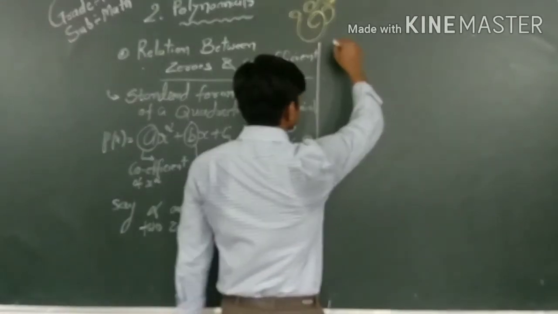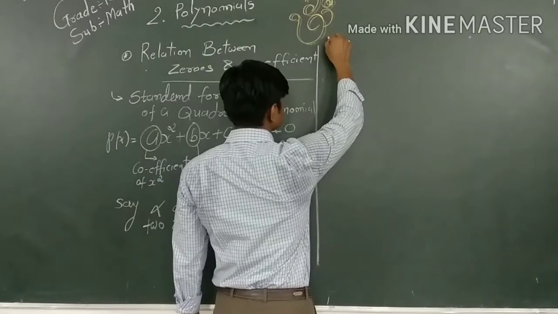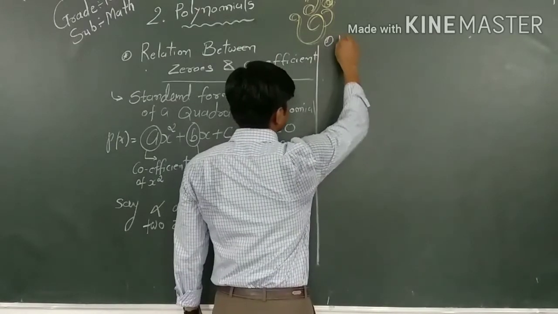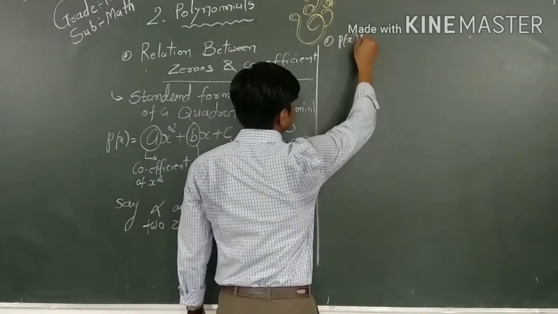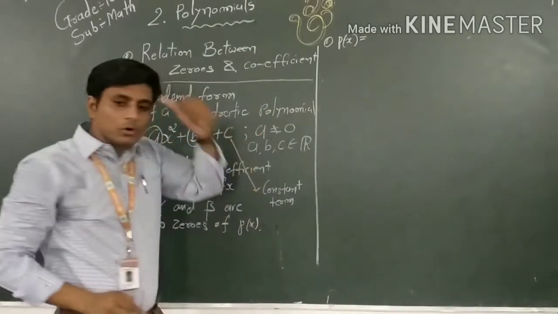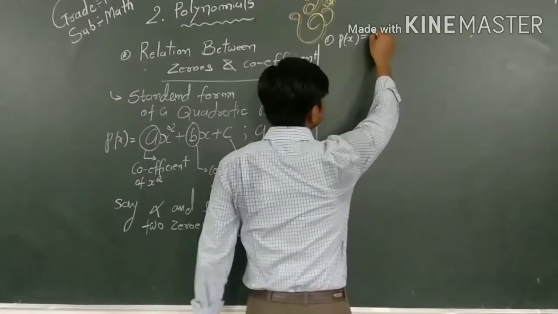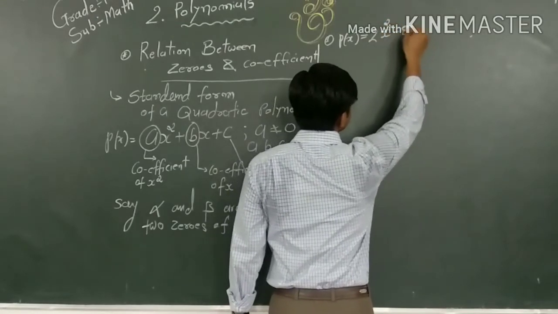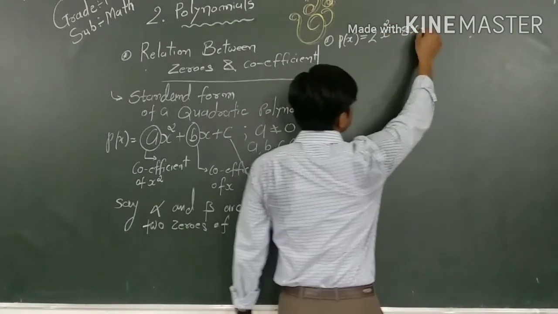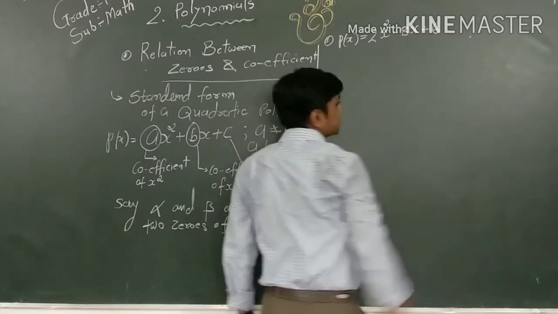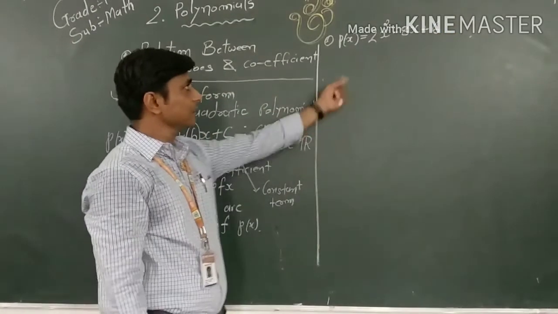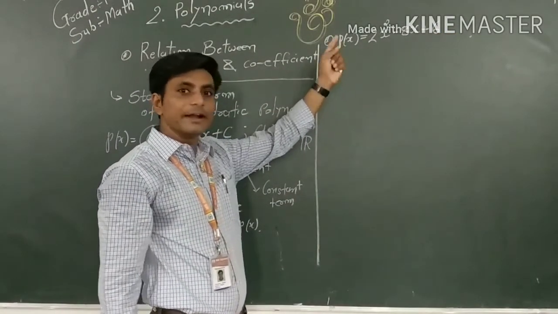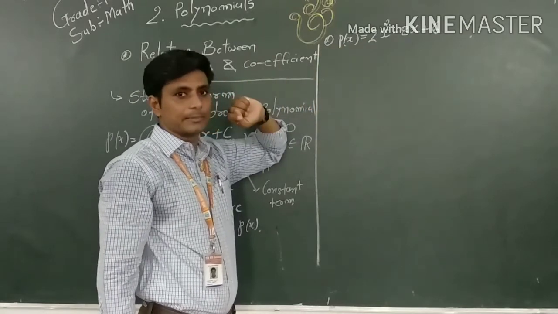Suppose I take an example, p of x is equal to 2x square minus 8x plus 6. First of all, we need to find the zeros of this polynomial.